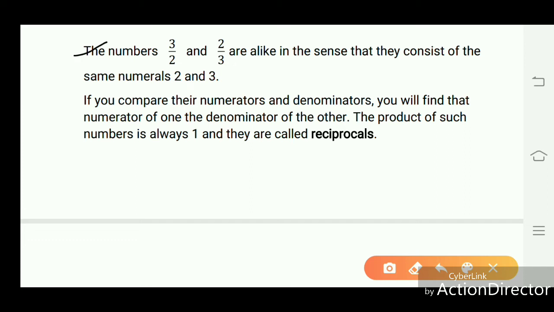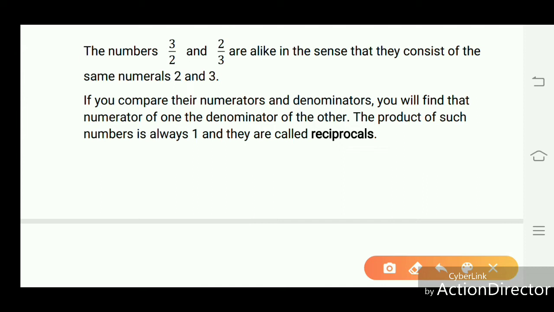The numbers 3 upon 2 and 2 upon 3 are alike in the sense that they consist of the same numerals 2 and 3. If you compare their numerators and denominators, you will find that the numerator of one is the denominator of the other. In the first number 3 is the numerator and in the second number 3 is the denominator.